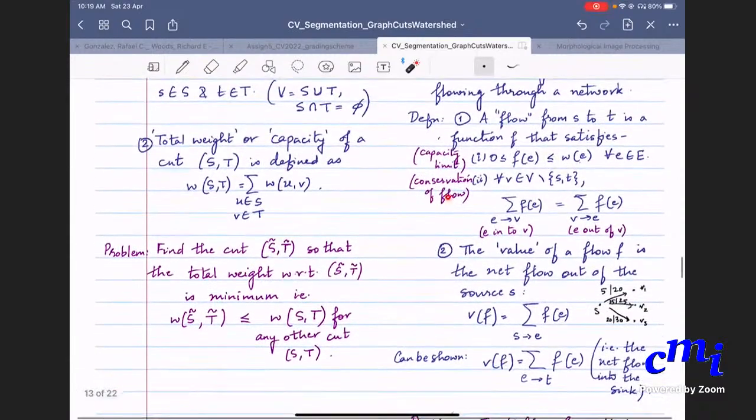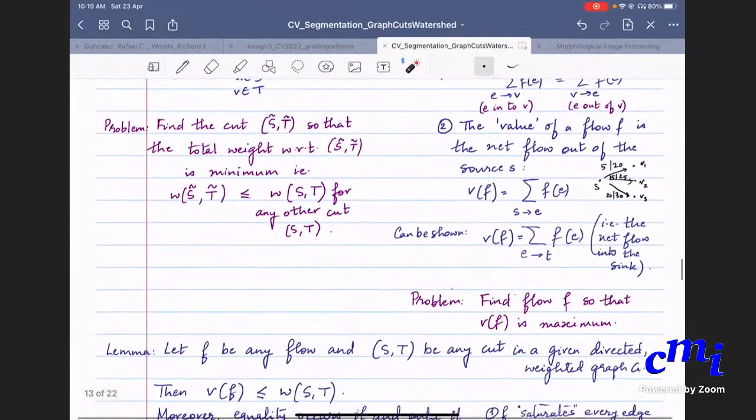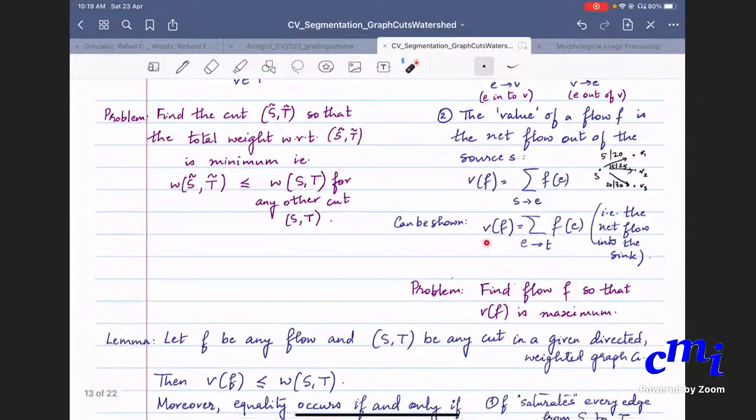Now, using the conservation of flow, it can be shown that the total flow out of the source is equal to the total flow into the sink. So this Vf can also be written as the sum of all Fe such that E are the edges incident into T. Anyway, this is some general theory.